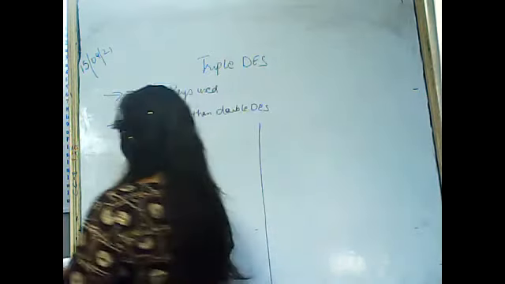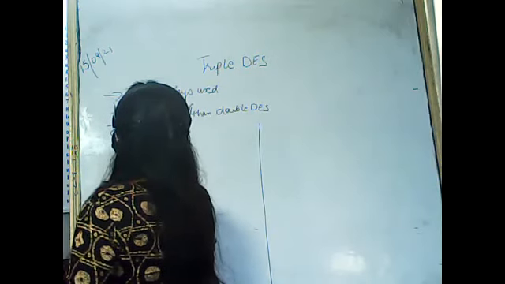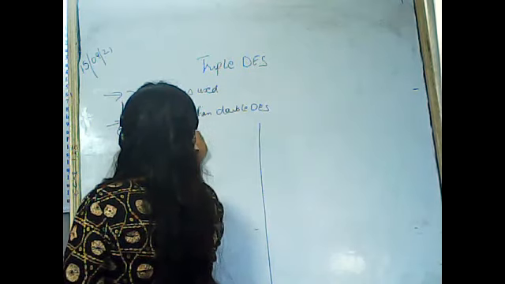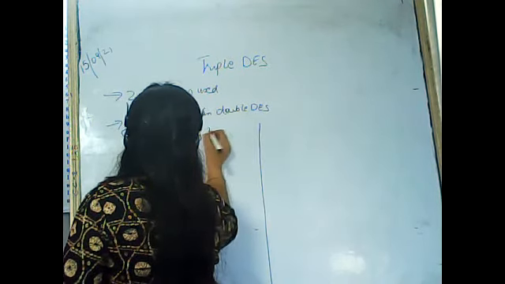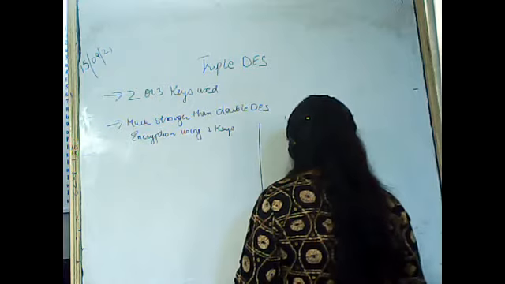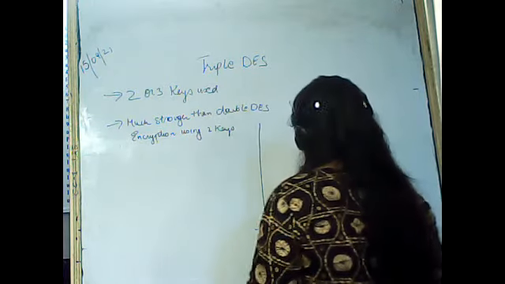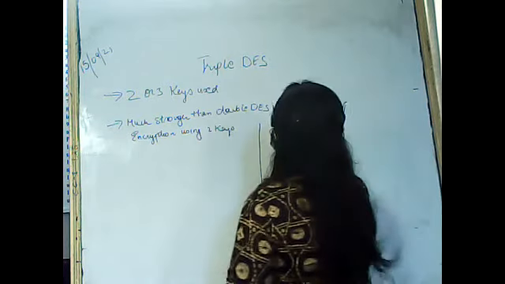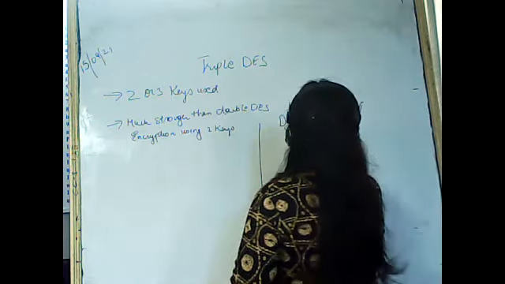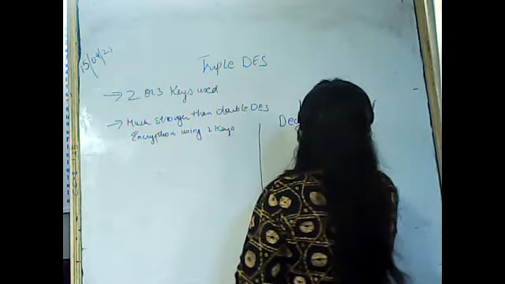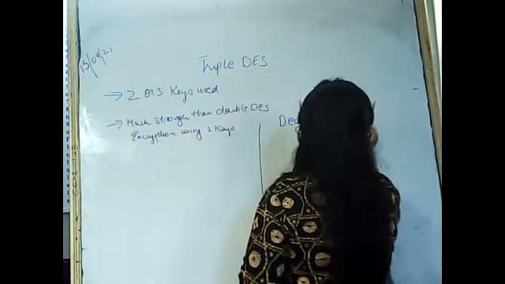First part is encryption using 2 keys, and then we are having decryption using 2 keys. First, we will discuss the 2 keys concept, and after that, we will go to the 3 keys concept.